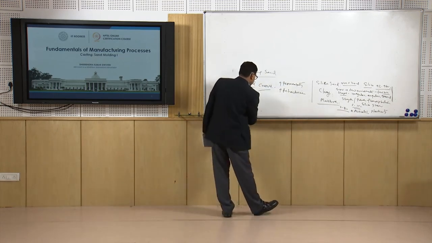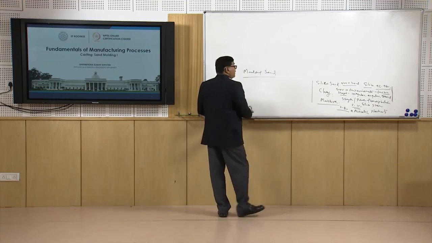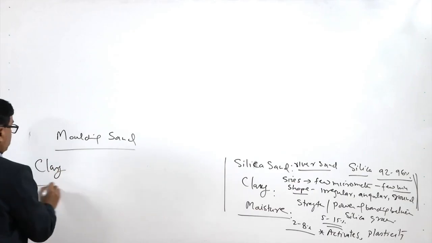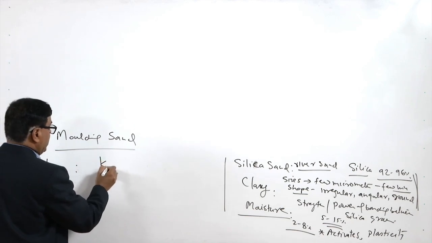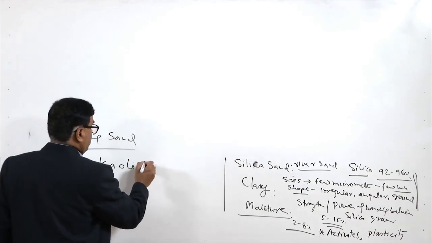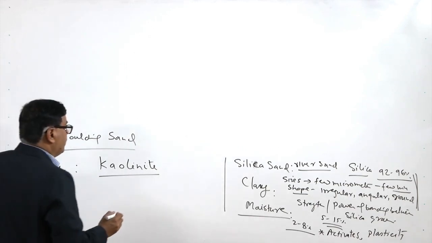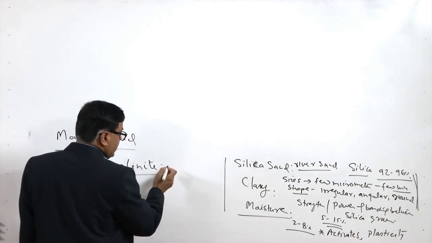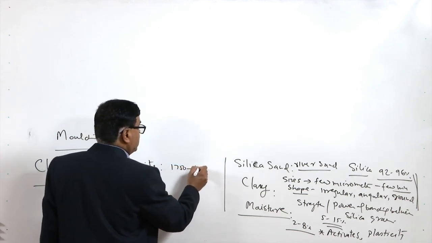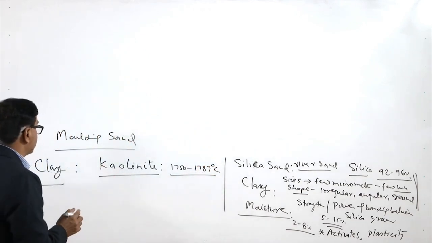Coming to the clay, it is added, as I have mentioned, at 5 to 10%. There are two types of clay. One is kaolinite. This is one of the binders which has good refractoriness, like say 1750 to 1787 degrees centigrade, the temperature range in which it can sustain.